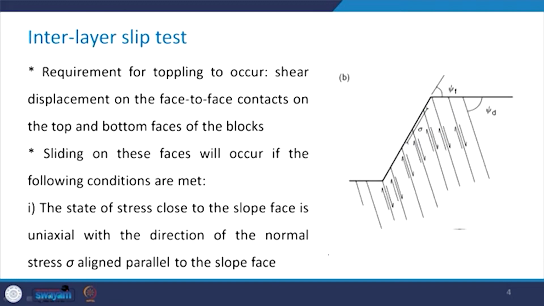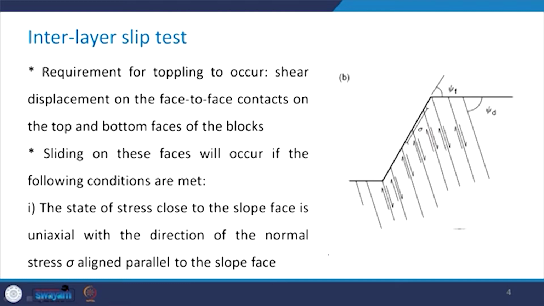Now there is going to be the second test. Once the block test has been conducted, then this interlayer slip test is conducted. This is the requirement for toppling to occur, that there be shear displacement on the face to face contacts on the top and bottom faces of the blocks.